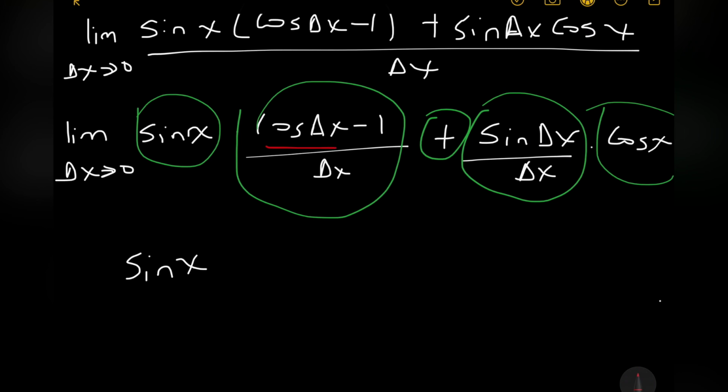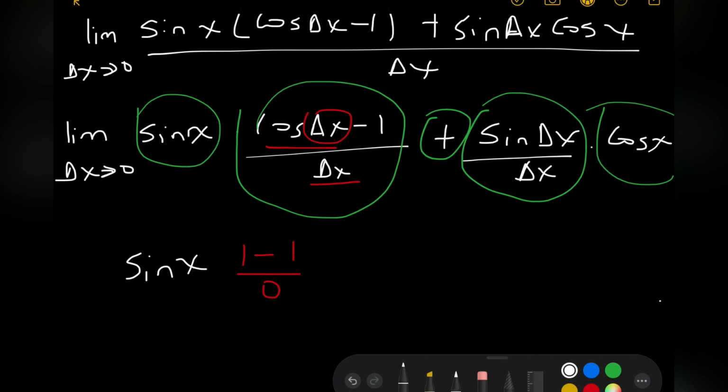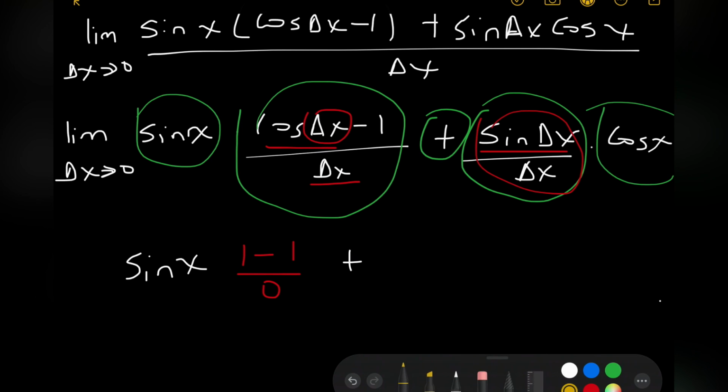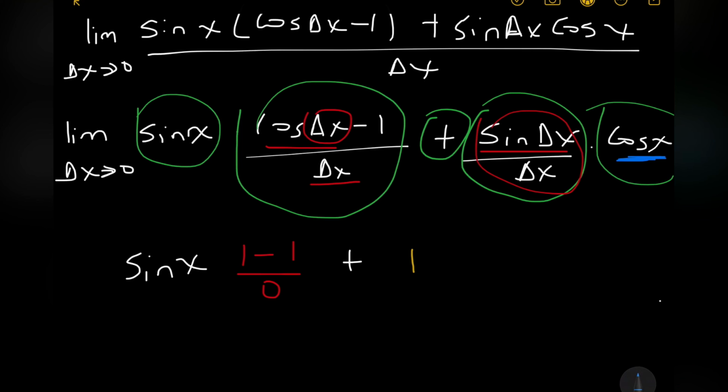For this section, when we plug 0 here, we will get 1 minus 1, and when we plug 0 there, we'd have 0. For this section, we will get a 1, because we have sine delta x over delta x as delta x approaches 0. So we would have a 1. And for this function, we will just have cos x.